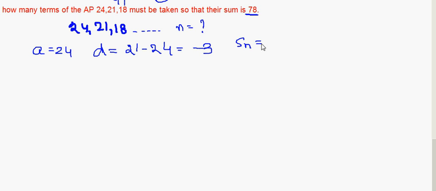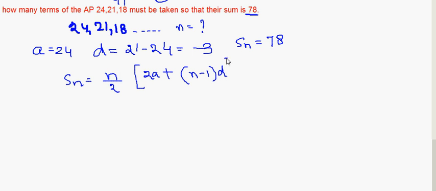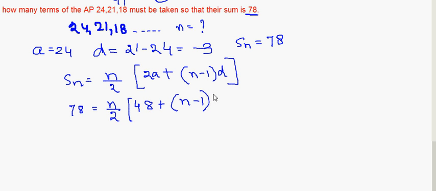Sn is informed to be 78. We have to find n. Sn, again we use the same formula: n by 2 into 2a plus n minus 1 d. 78 equals n by 2 into 2a, so 2 into 24 gives you 48, plus n minus 1 with d replaced by minus 3, as we have calculated it here.